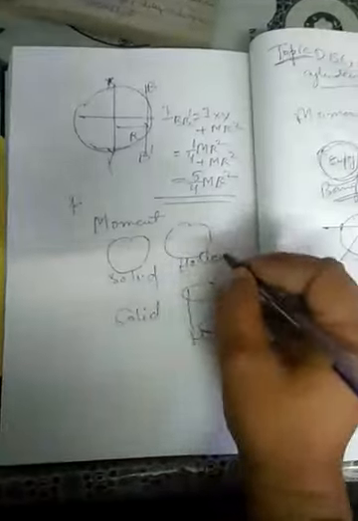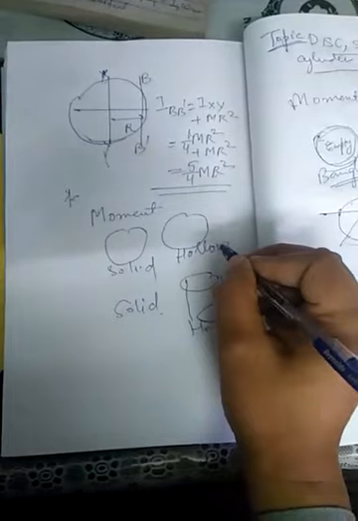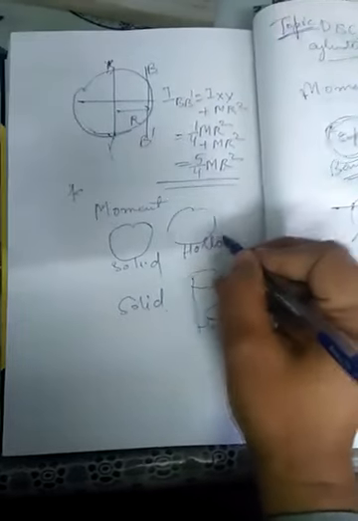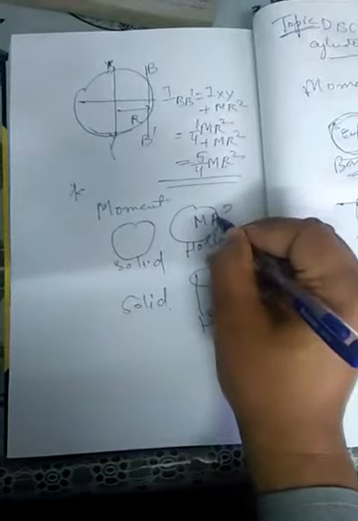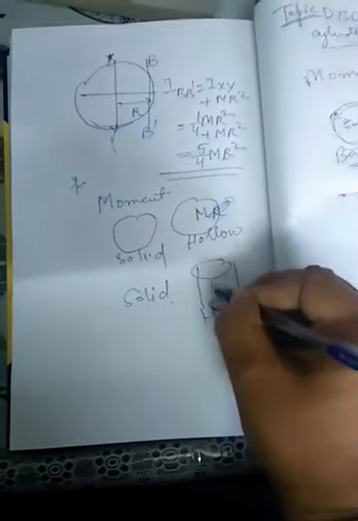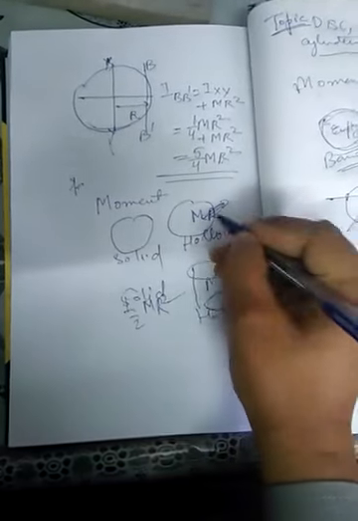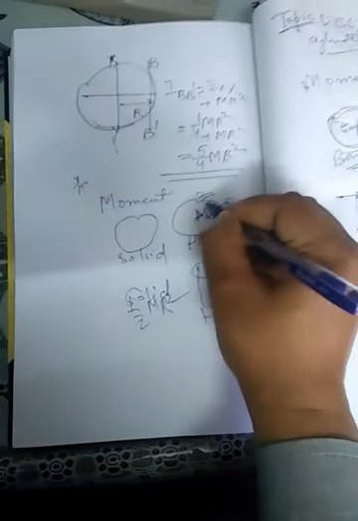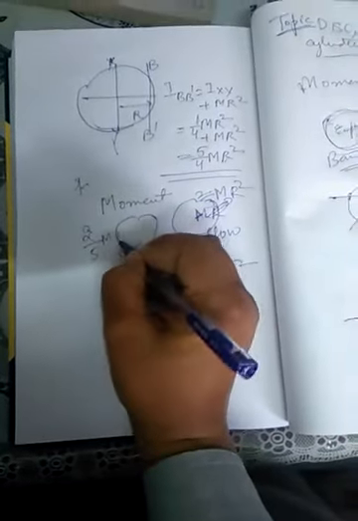For the hollow cylinder, the moment of inertia is equal to MR square. For the solid cylinder it is half MR square, while for the hollow sphere it is 2 by 3 MR square, and for the solid sphere it is 2 by 5 MR square.